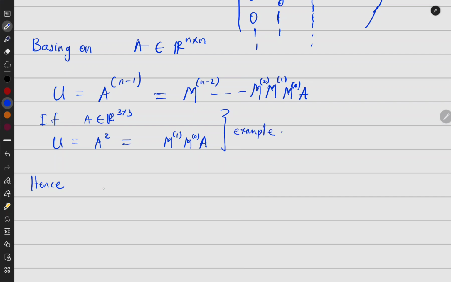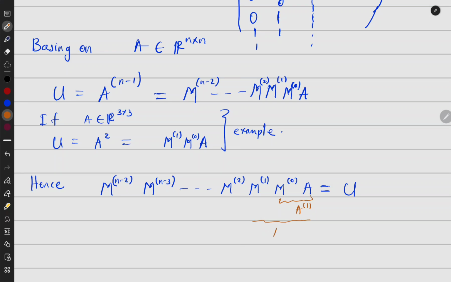Hence, we see that since when I multiply n minus 2, let's say this is also n minus 3, m2, this is m1, this is m0, this is A, and this is equal to U. I don't know if you can see that m0 times A is A1.